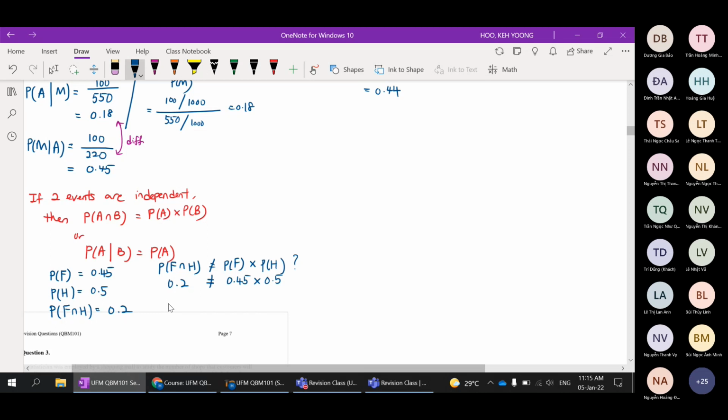So you will say, since the intersection is not equal to the multiplication of F times H, therefore the events, the graduate is a female and the graduate majors in human resource, are not independent. This is the first way.